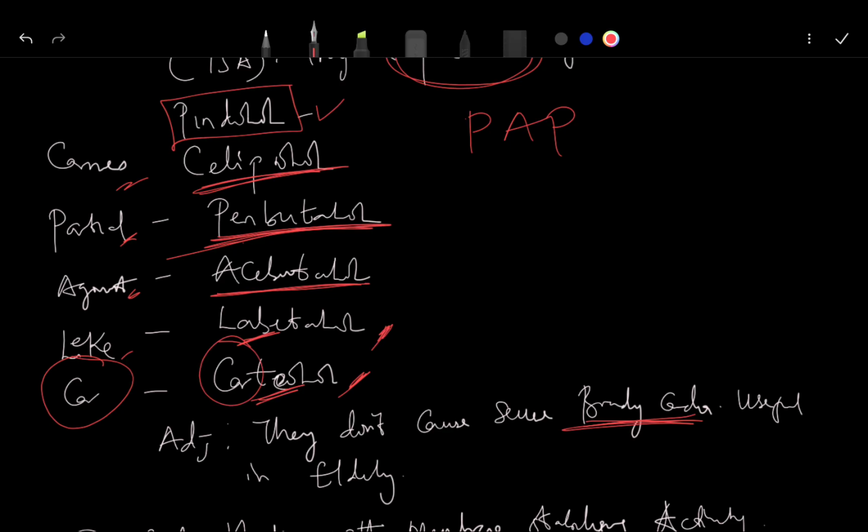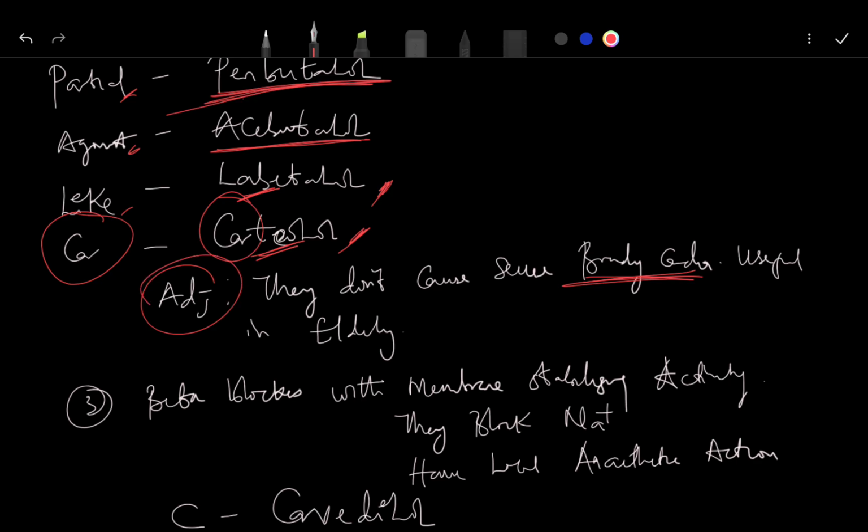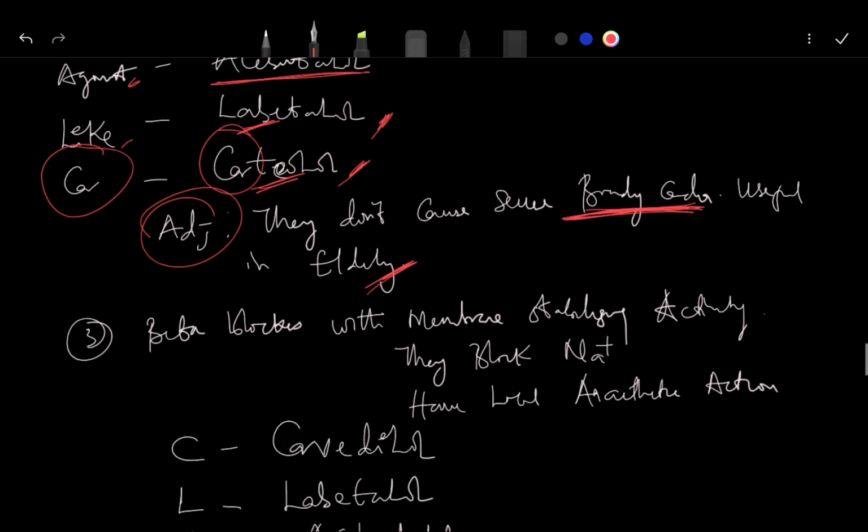So remember carteolol, remember PAP. PAP stands for pindolol, acebutolol, and penbutolol. Any of the mnemonics you want to use is fine. So the advantage of these ones is that they prevent severe bradycardia, useful in elderly patients that are susceptible to this bradycardia.